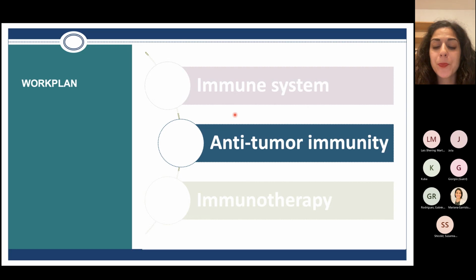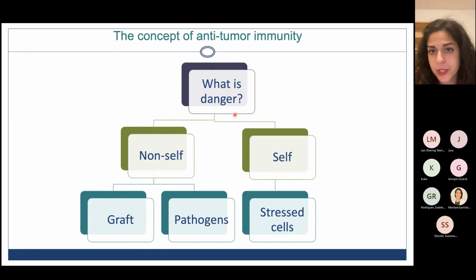Let's talk about anti-tumor immunity. So what is this concept of anti-tumor immunity? As I started to explain, the danger either comes from the non-self, so either during a graft context or when you are exposed to pathogens, or the danger can also come from your self cells in the context of stress.